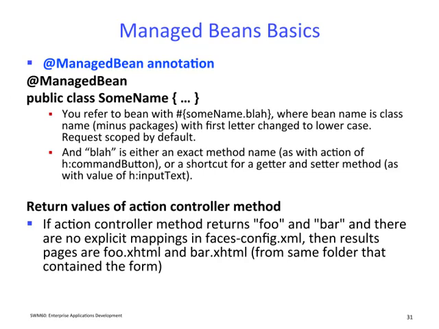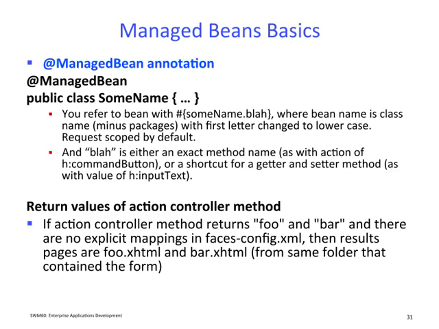The return values of that bean. So within the action control method, we look at the return value from the bean, and then the pages.